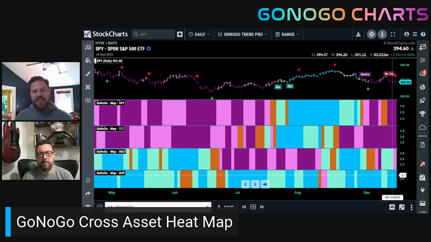So when we see the purple color, that's our strongest no-go trend conditions, strongest trending to the downside or bearish conditions. When we're in green or blue, those are our go conditions, signaling the strong form and the weak form, aqua green being the weaker form of those go trends.